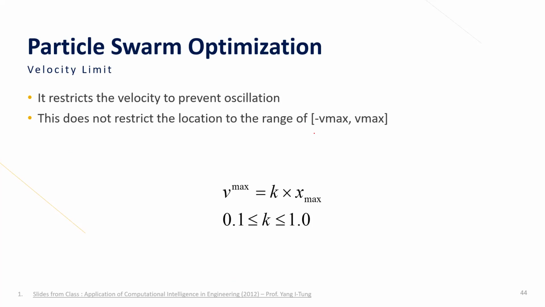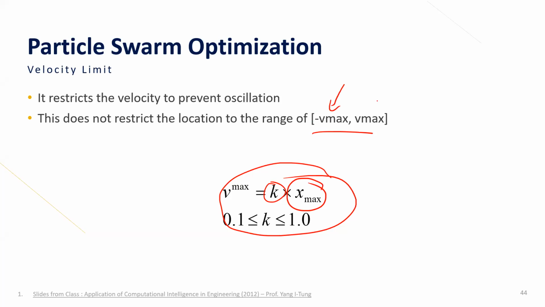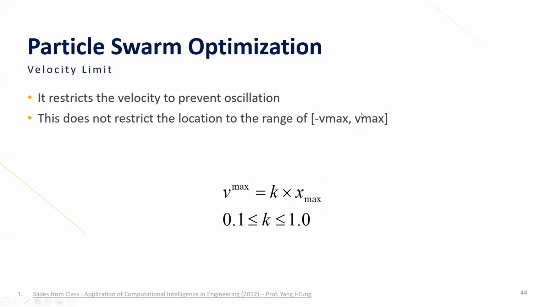Normally we can use a range, like minus v maximum to v maximum, or a generated multiplier factor depending on x, which represents the decision variable. Normally the value of the velocity follows the value of the decision variable that you're using.